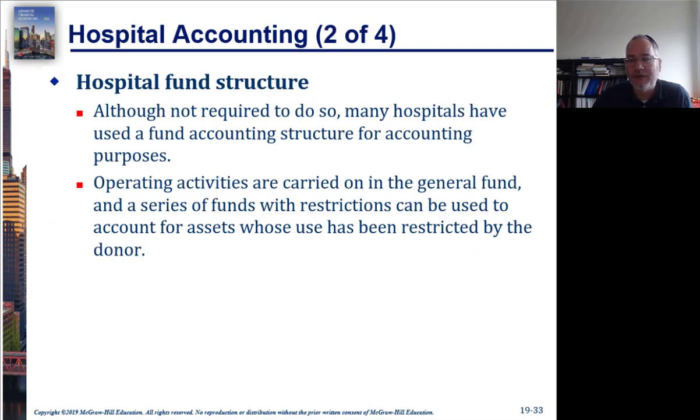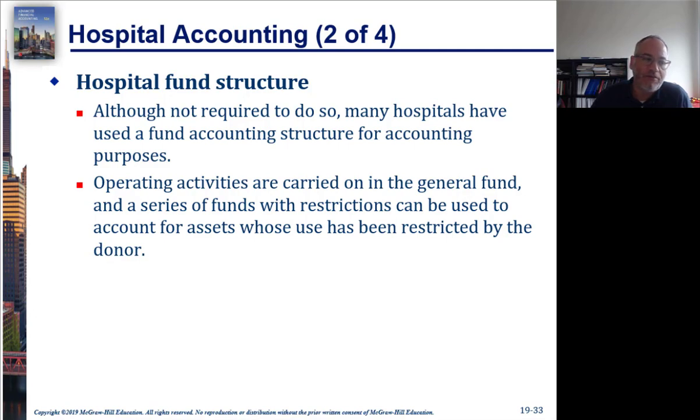Now, hospitals often use fund accounting, but they're not required to use fund accounting the way governmental accounting is. And they do need to keep track of without and with donor restrictions. Operating activities will be carried out in what's called a general fund. And then they could have a series of funds with restrictions when there's a donor restriction.